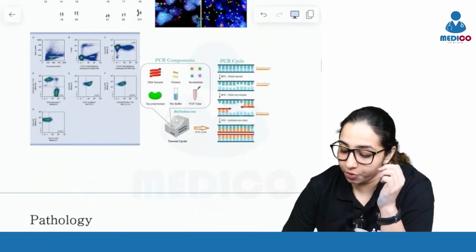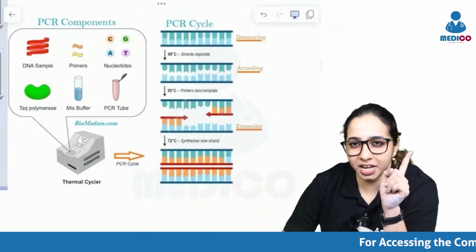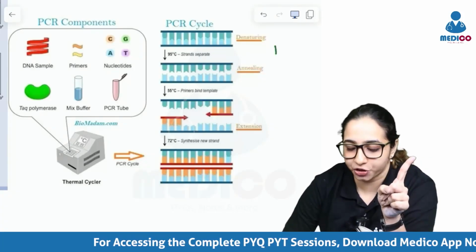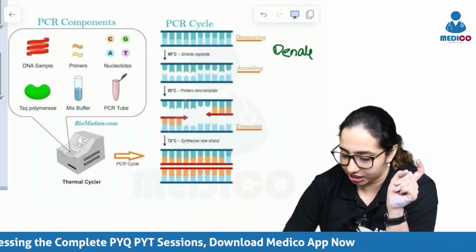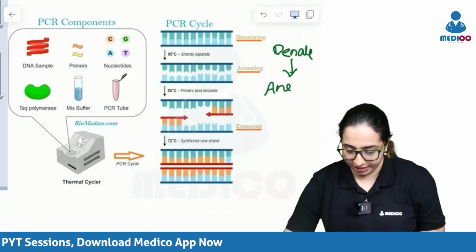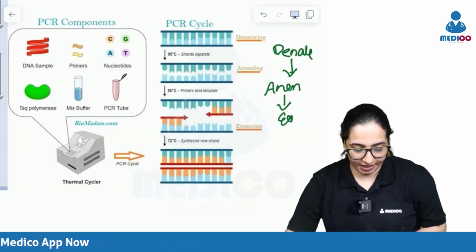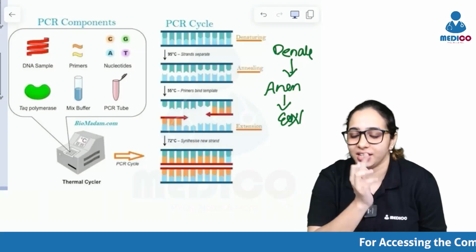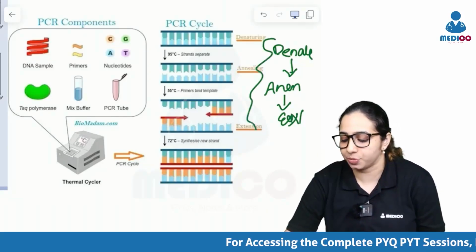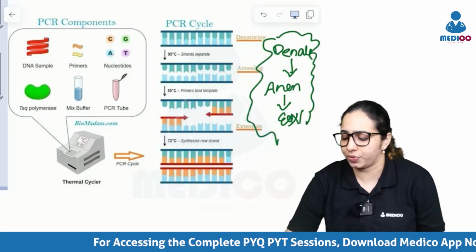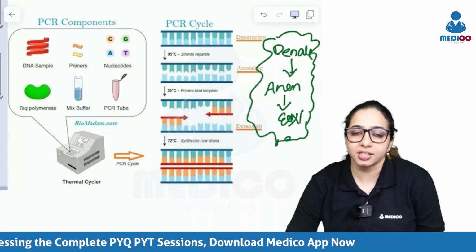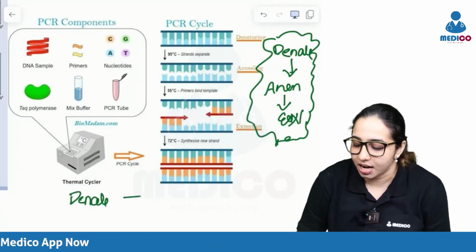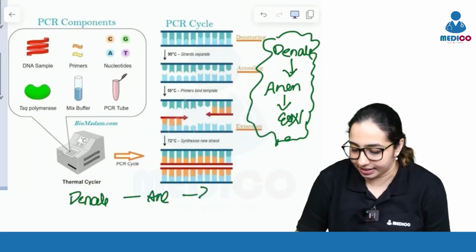Whenever you see the word PCR, there are things you need to remember: the steps of PCR. First is denaturation, then annealing, and then extension. In fact, it has been asked before, I think in INICET 2020 or 2021. The steps of PCR are always denaturation, annealing, and extension.